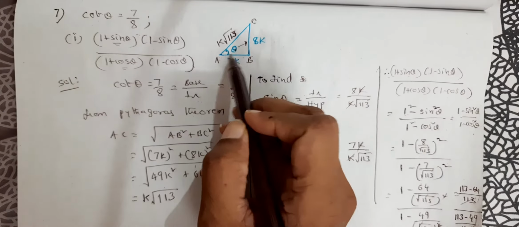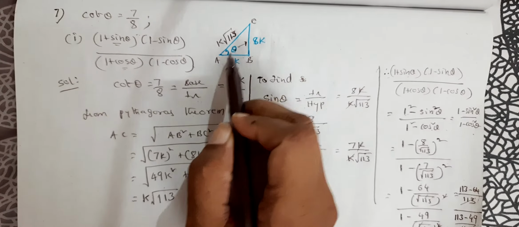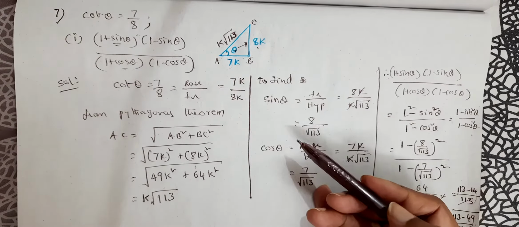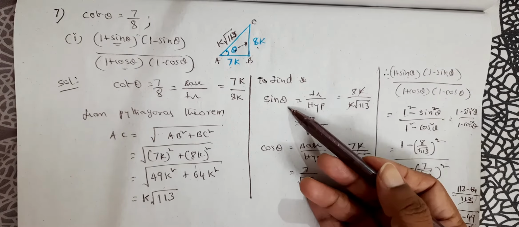If we imagine theta to be here, this becomes the base and this becomes the perpendicular. So 7k, 8k. Now applying the Pythagoras theorem, you will get the hypotenuse, and after that the sine and cos values are determined and then substituted in this. So this is how you can solve the problem.